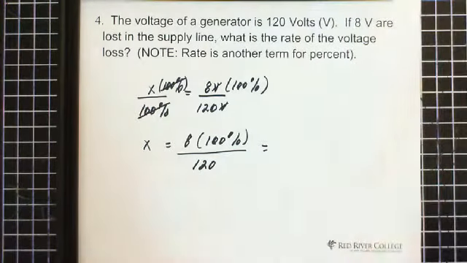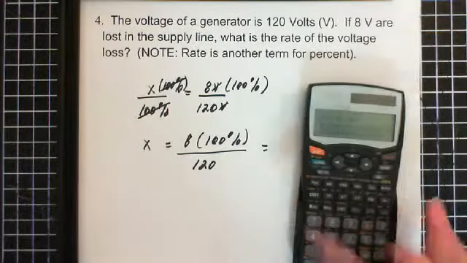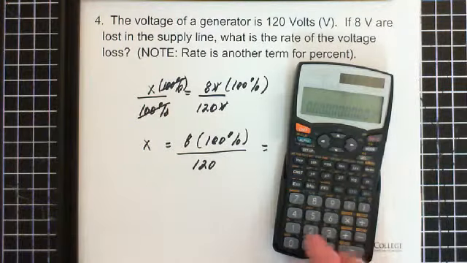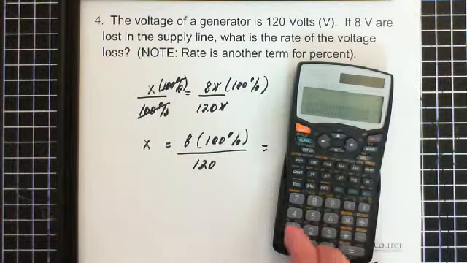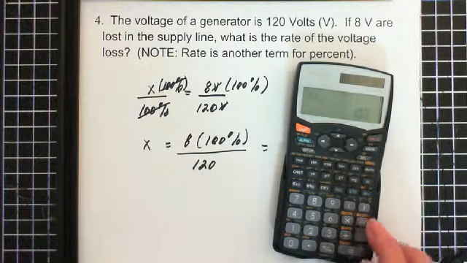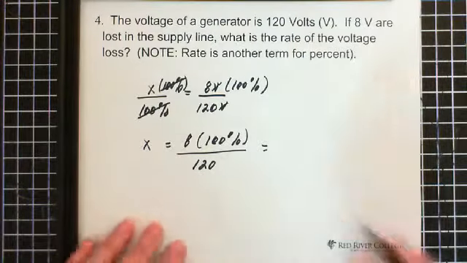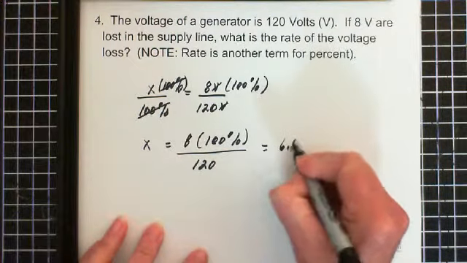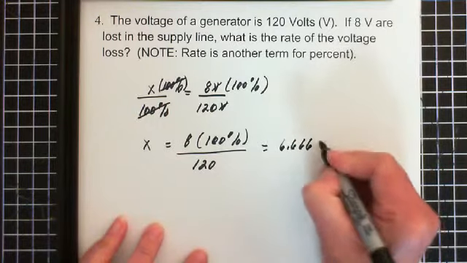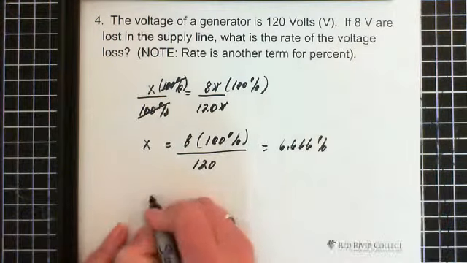So we just put that into our calculator, and we have 8 times 100 divided by 120 equals 6.6666. So we have 6.666, and that is a percent.